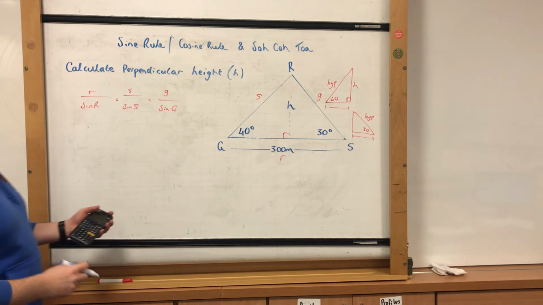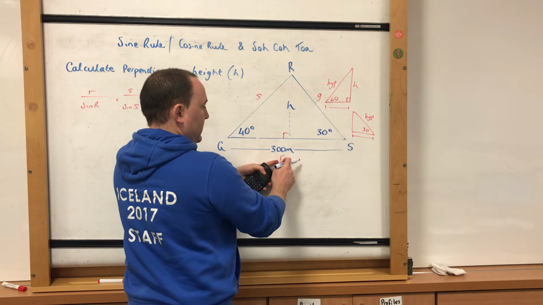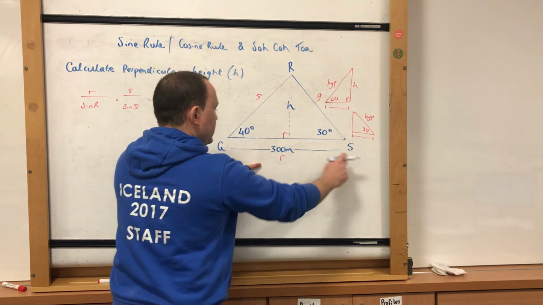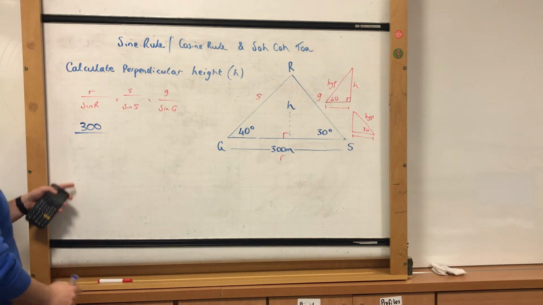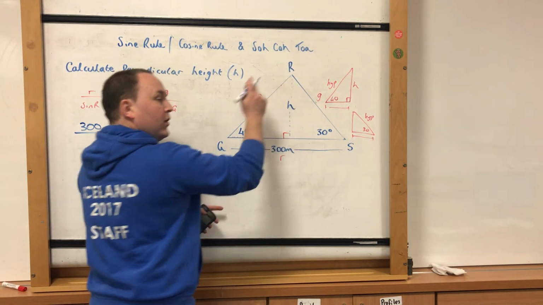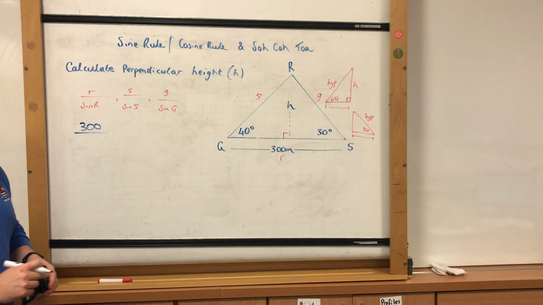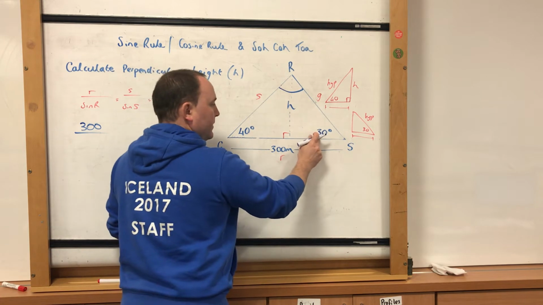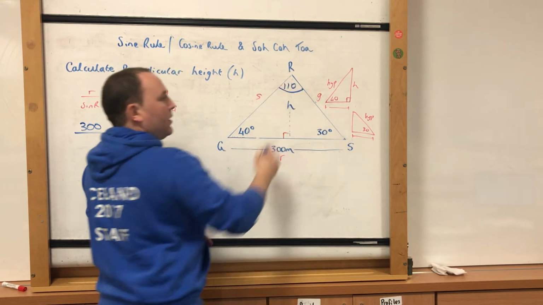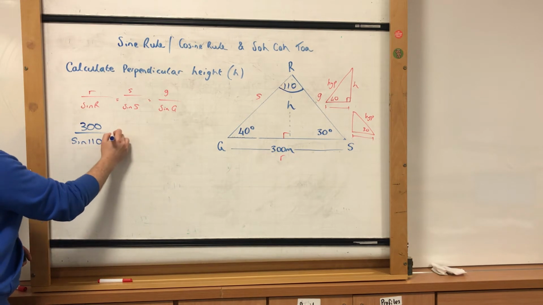Right, what information do we have? Well, we know R, so that's 300, and now we need that. 40, 30, 70, 110, okay, so even though I was thinking about that initially, it ended up we needed it.